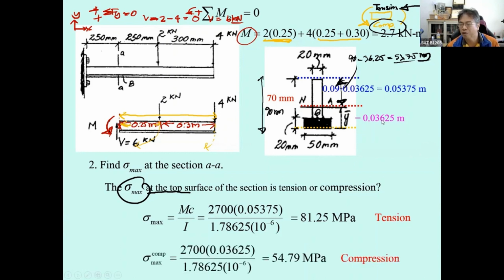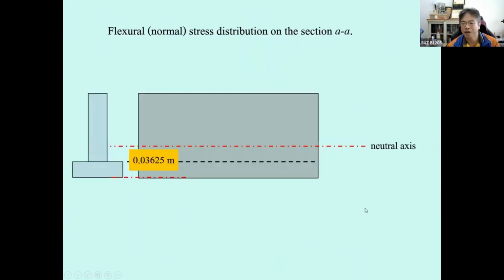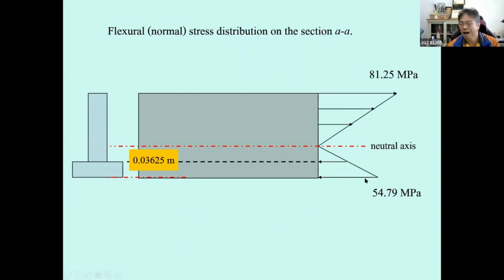We get this one to be 54.75, in compression. So this one is in tension. You may draw this one for 81 millimeter, and you may draw this one for 55 millimeter, and you do the stress distribution. This point is the point of zero stress.